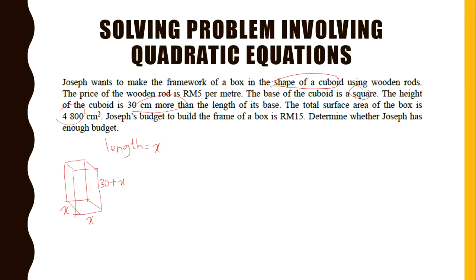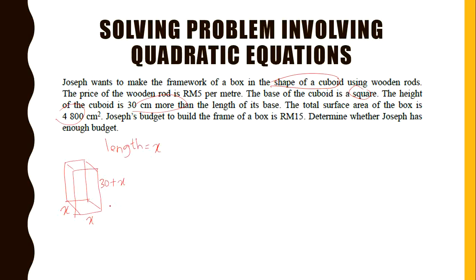Lepas tu dia punya bajet RM15. So, kita nak check cukup ke tak, kita kena tahulah dia sebenarnya berapa. Kalau kat sini kita punya length, width dengan height dia ni ada in terms of x, kita kena tahu the exact value. Tak nak in terms of x. So, kita boleh guna clue dia, which is total surface area dulu.